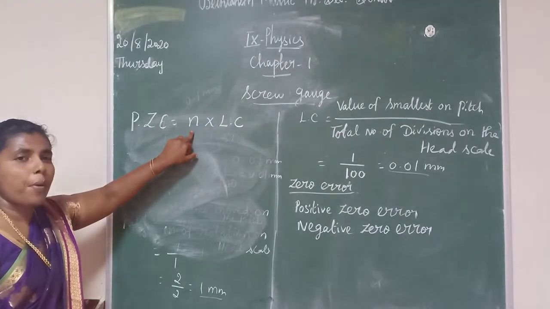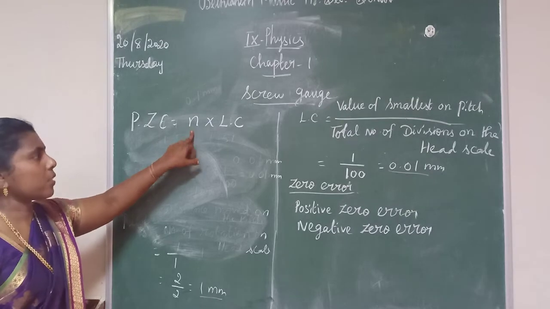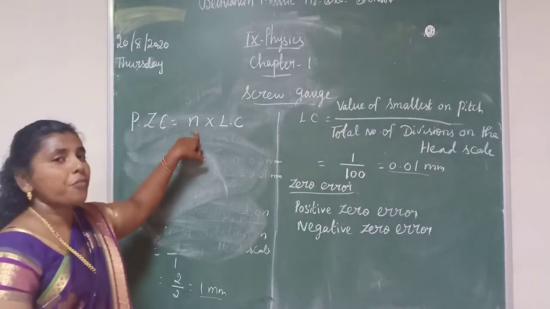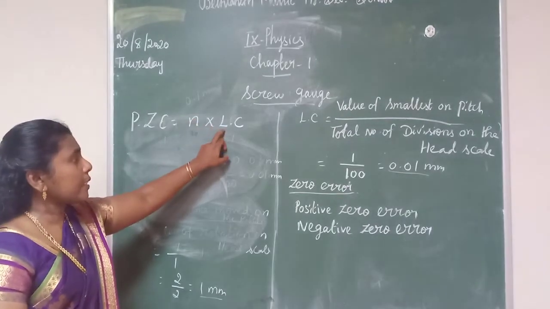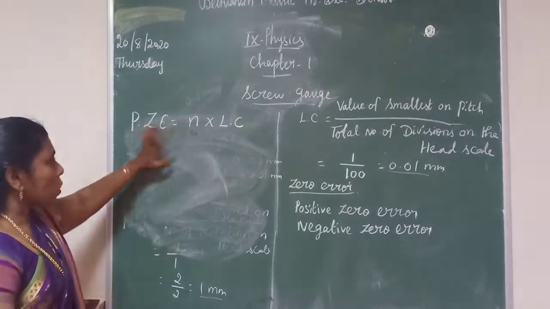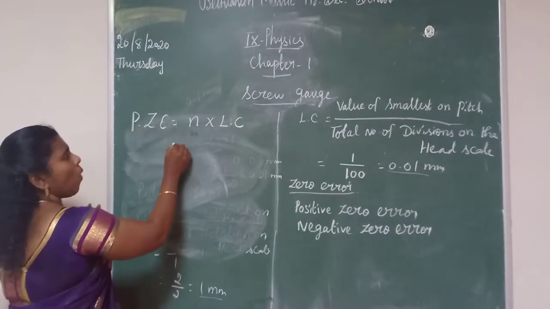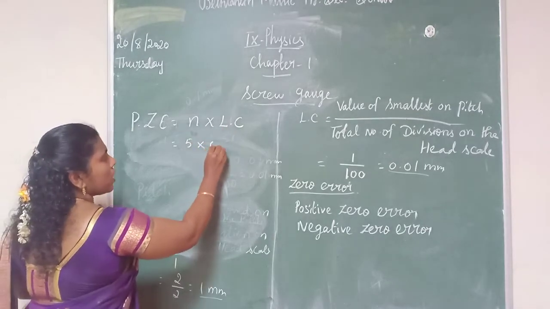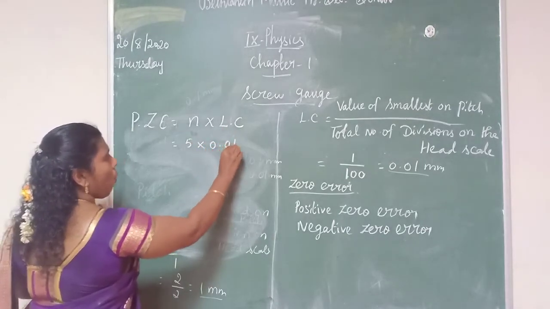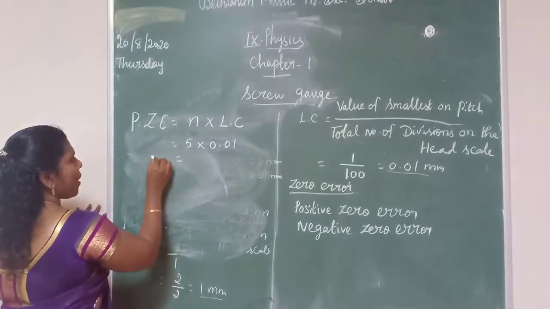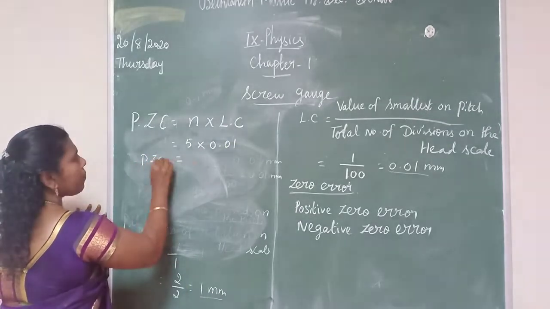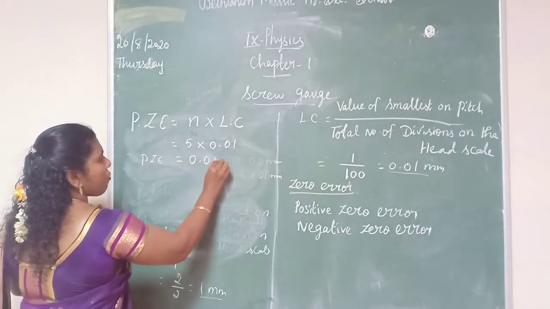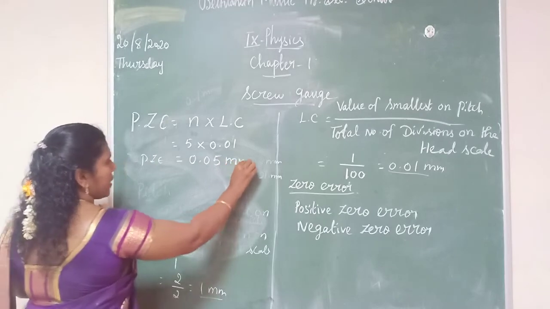N means the number of divisions that coincide. LC is the least count. Suppose the fifth division coincides. So 5 into the least count, 0.01. So you will get the positive zero error equal to 0.05 millimeter.